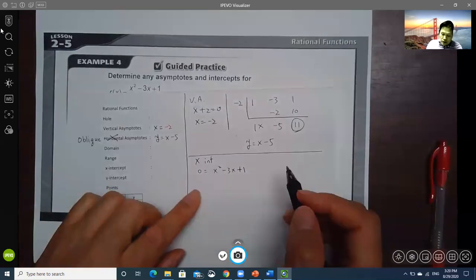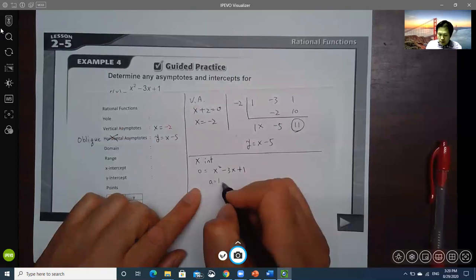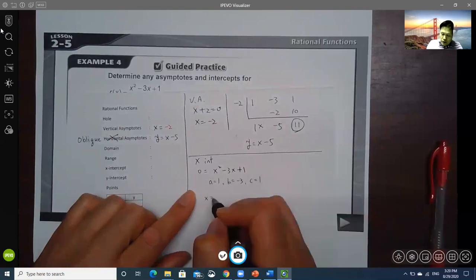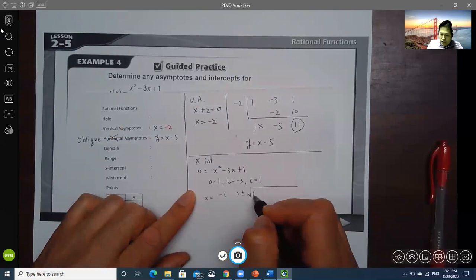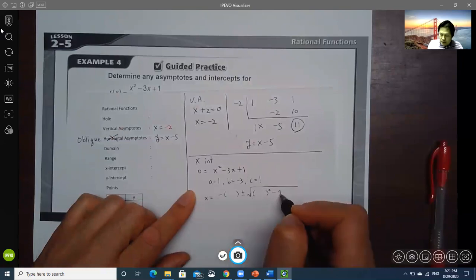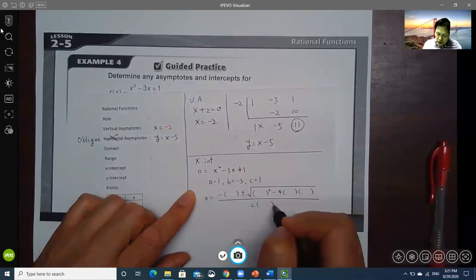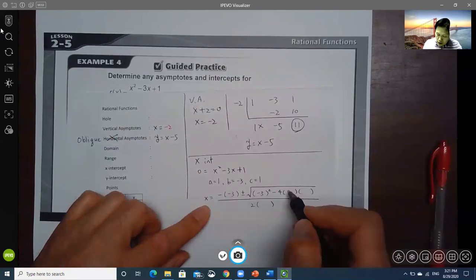So you have to use the quadratic formula. A equal to 1, b equal to minus 3, c equal to 1. x equals minus b plus or minus the square root of b squared minus 4ac, all over 2 times a.